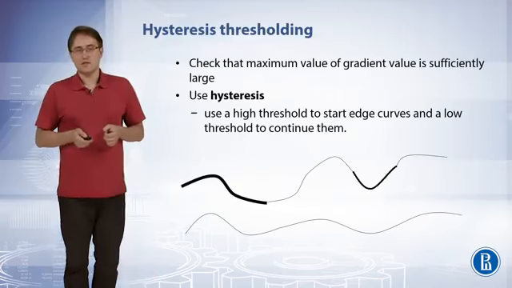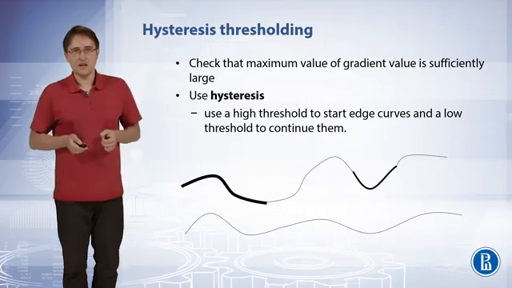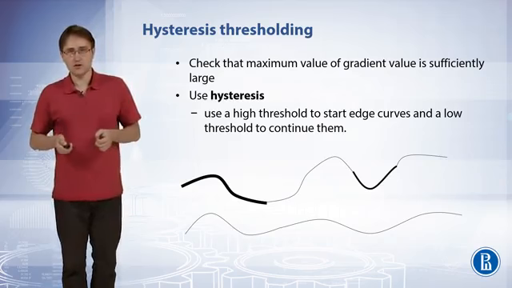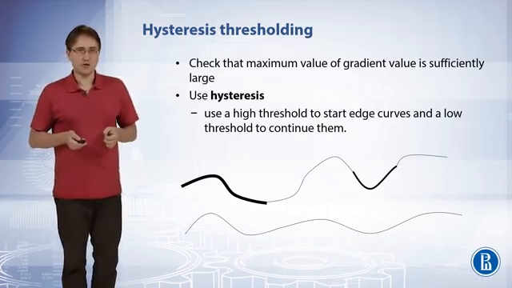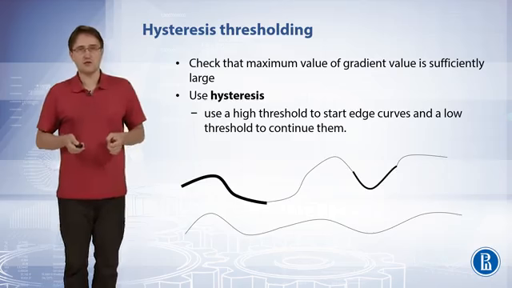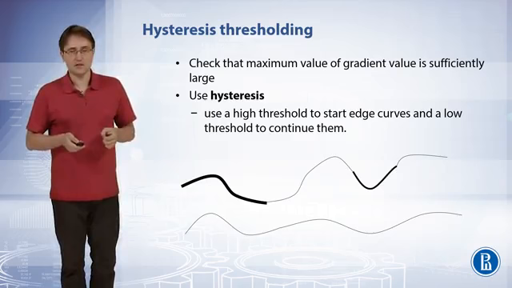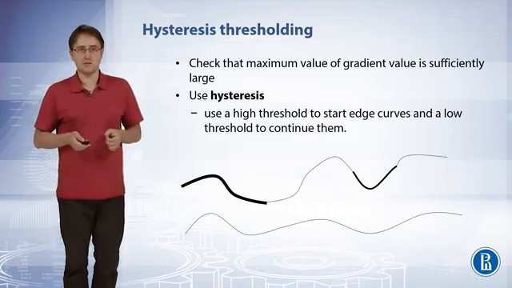When linking edge points, we use hysteresis. Hysteresis is just two thresholds. We use high threshold to start edge curves and low threshold to continue them. This allows us to trace weak edges if they are connected to the strong edges. Weak edges themselves won't be detected with hysteresis thresholding.